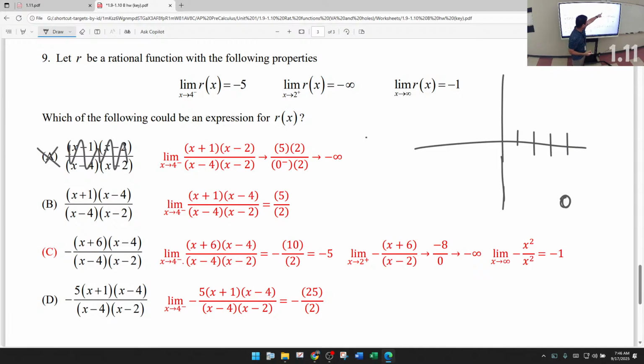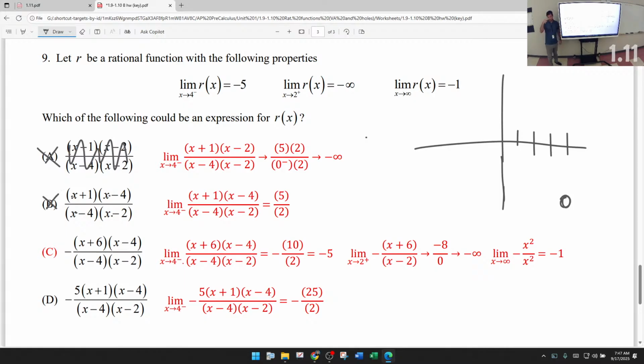This one is now -1, and we said that was a horizontal asymptote, because as I'm going out to infinity, I'm at -1. So that must mean the degrees are the same. If the degrees are the same, then we have a horizontal asymptote. And if it's at -1, the coefficients must be the same, just one of them has to be negative. So we have a degree of 2 up here and a degree of 2 down here, but this one's positive and this one's positive.